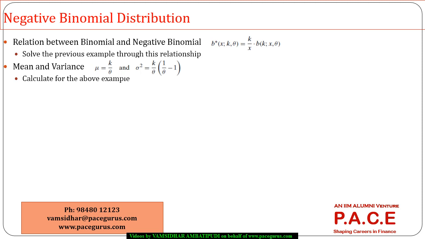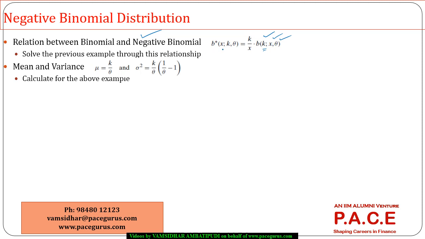Now, regarding the same, there are a few more interesting points to keep in mind regarding the negative binomial distribution, where we are bringing in the relationship between the binomial and the negative binomial distribution. In a binomial distribution, we are talking about k successes in x trials, theta being the probability of success.